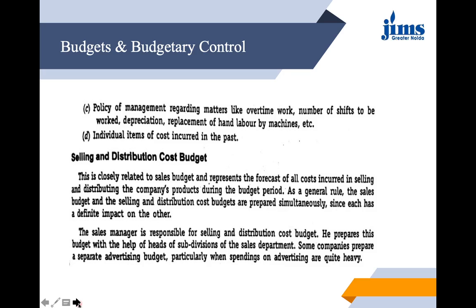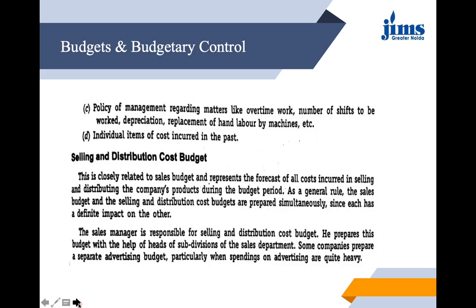The next budget that we have to study is the selling and distribution cost budget. Here the name suggests what we are about to do in this budget. This is closely related to the sales budget, and it represents the forecast of all the costs which are incurred in selling and distribution of the company's products during the whole budget period. As a general rule, the sales budget and the selling and distribution cost budget are prepared simultaneously, since each has a definite impact on the other.